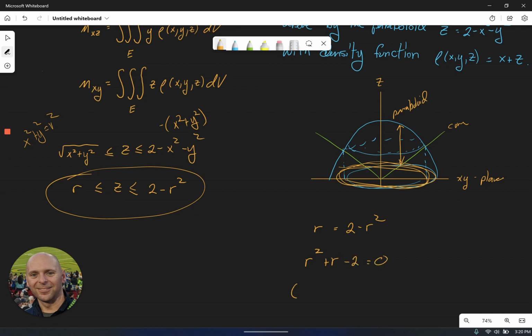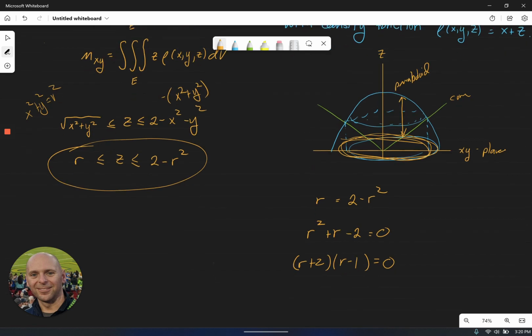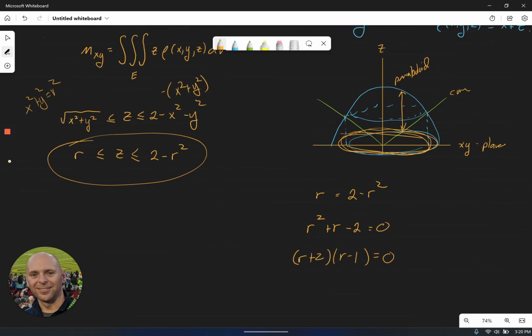And that will factor into r plus 2 and r minus 1. So we get two values: r equals negative 2, and r equals 1.